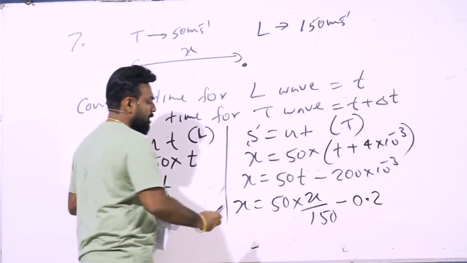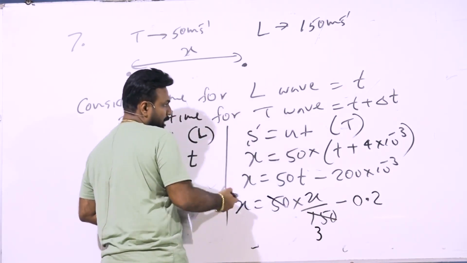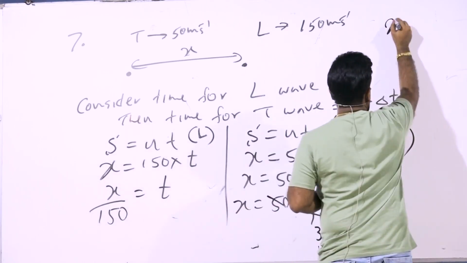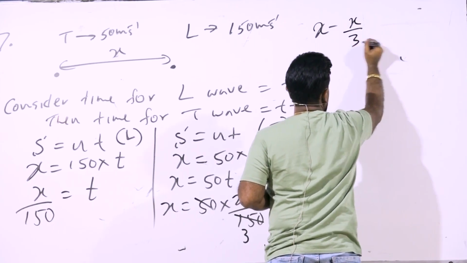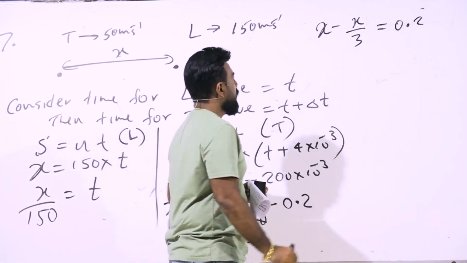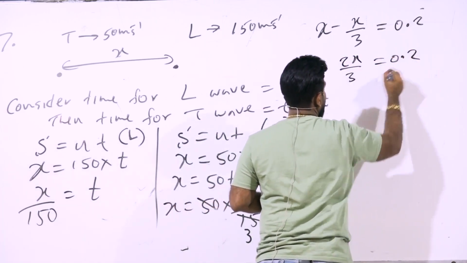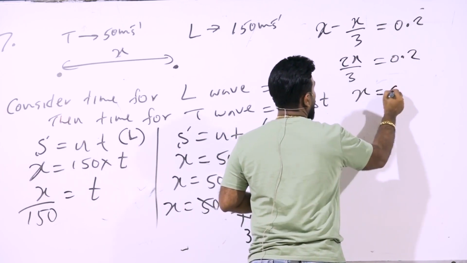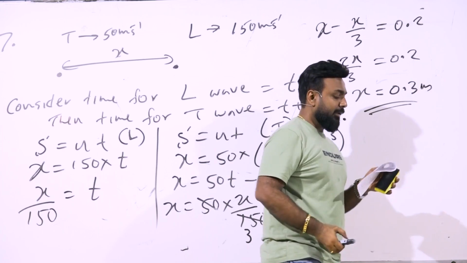Then these two get cancelled, it is 3. So you can take this to the left side. x minus x over 3 equal 0.2. So 2x over 3 equal 0.2. x equal 0.3 meters. We got the answer. 0.3 meters. Answer number 4.